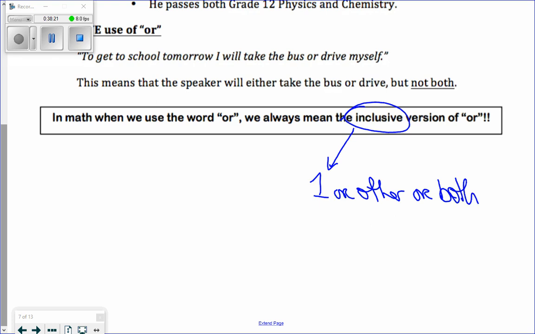It's like I could wear sandals tomorrow or a cardigan. I could wear both. I could wear sandals and a cardigan, or I could just wear sandals, or I could just wear a cardigan. So or, that's the tricky bit, is we understand this or meaning one or the other, but in this course it means one or the other or both. So that one's a little dicey.